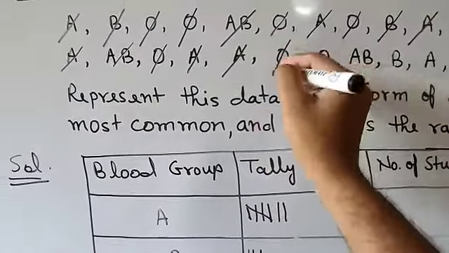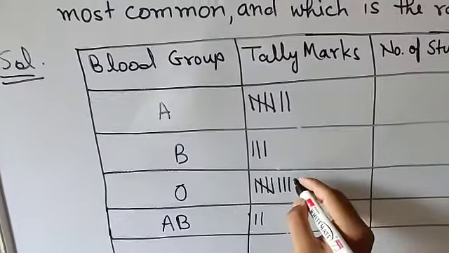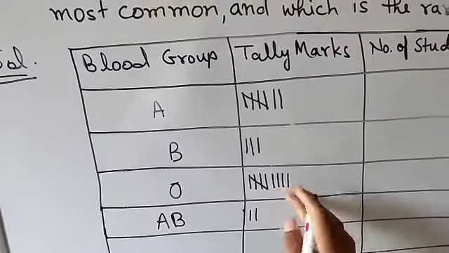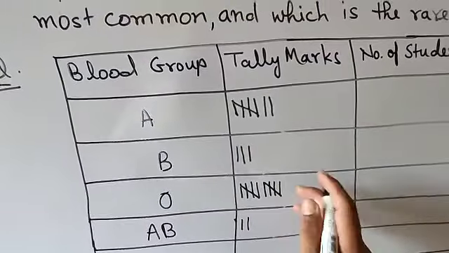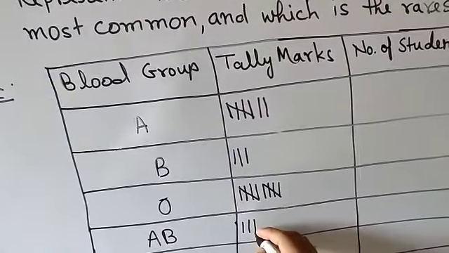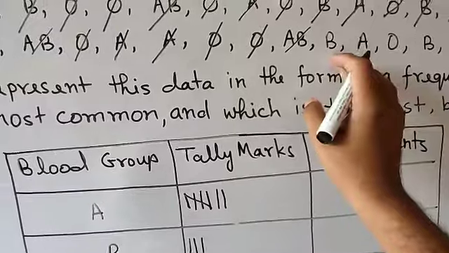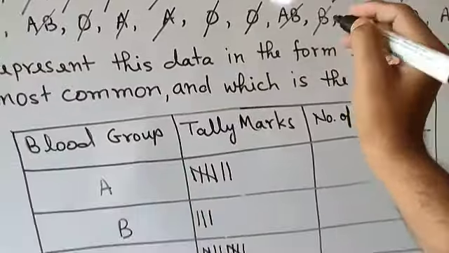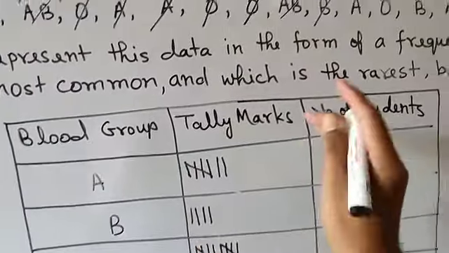Now again two O, so cut these two O and here you need to represent 1 and here it is 4, so for the second you will cut across. Now AB, cut the AB and mark one tally mark there. Now B, cut the B and mark 1.